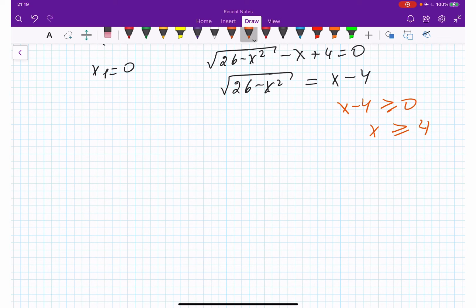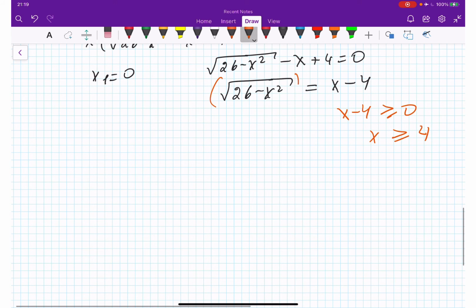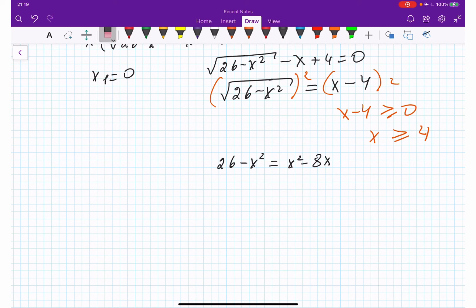Okay, and if we raise both parts to power 2, what we are getting is 26 minus x squared is equal to x squared minus 8x plus 16. Let me put here square, and it's a perfect square.